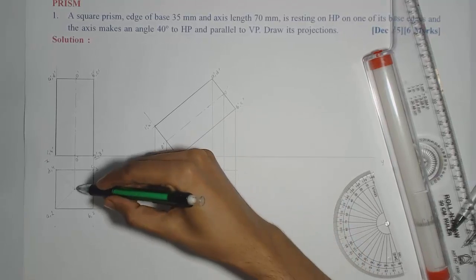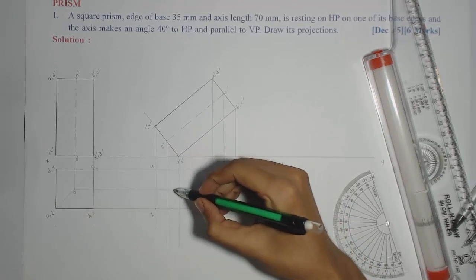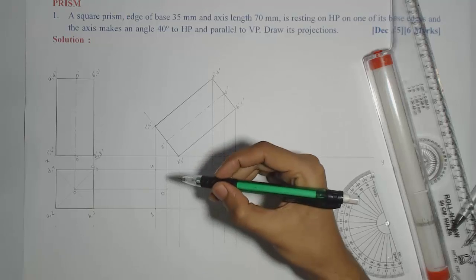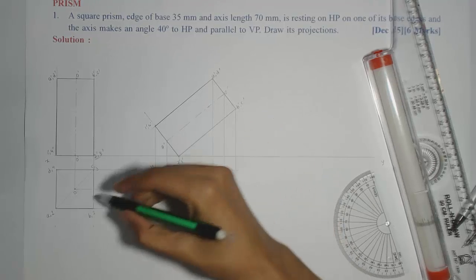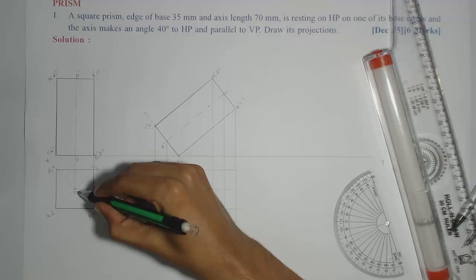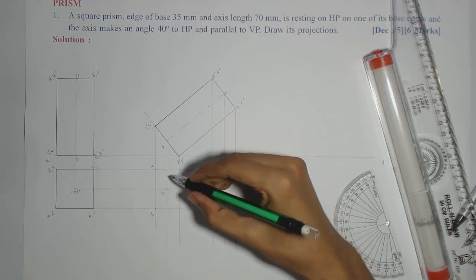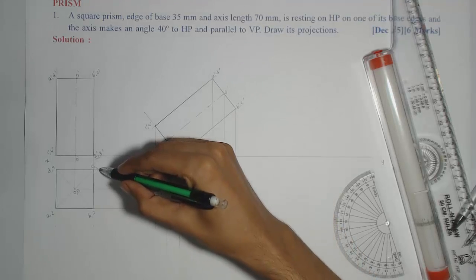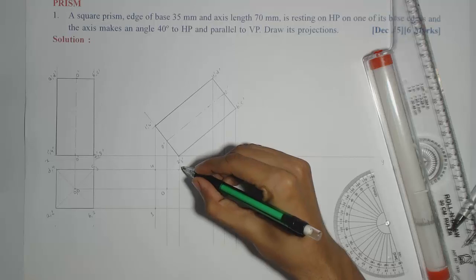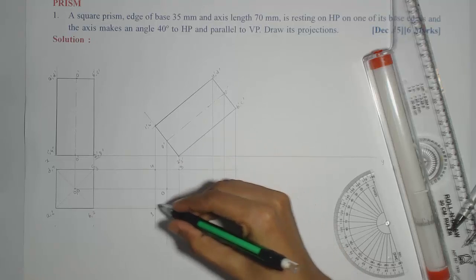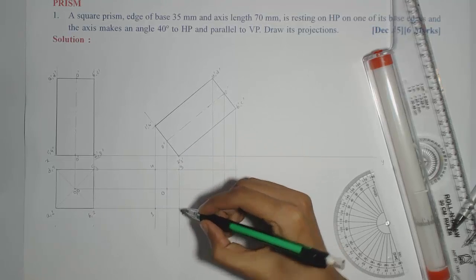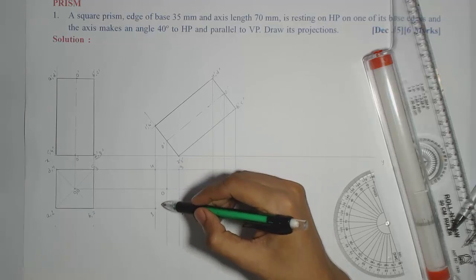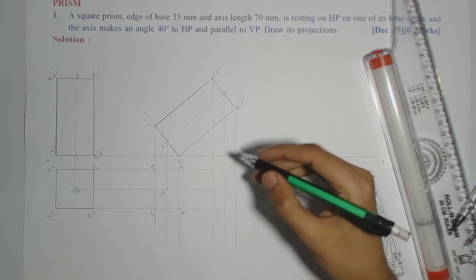Then O dash and O, so O dash and O will again give me O. Here again, as top center and bottom center will coincide, I'll name it OO. Then 2 dash and 3 dash, so I'll look for 3 and 2. 3 will be here and 2 will be here. Okay, so 1, 2, 3, 4 if I join, I'll get the bottom base.